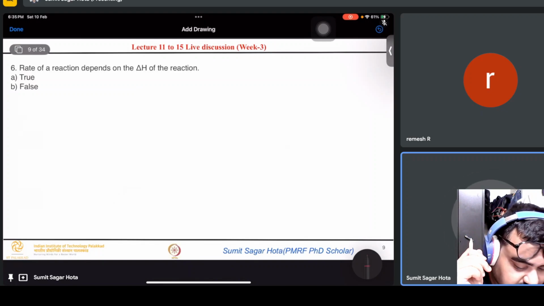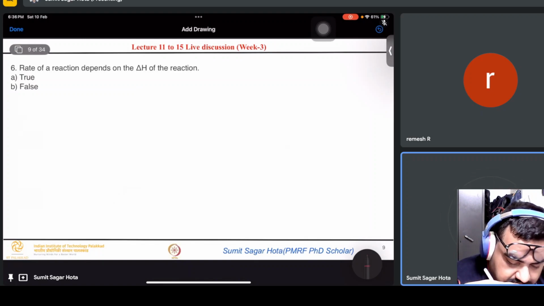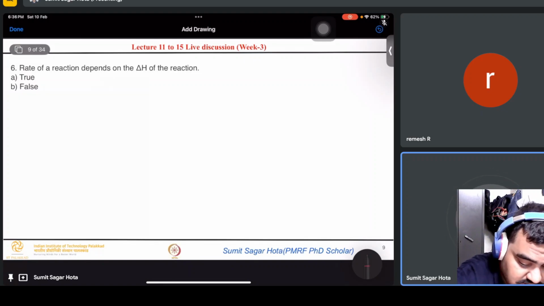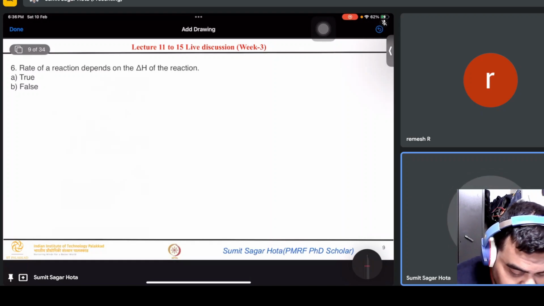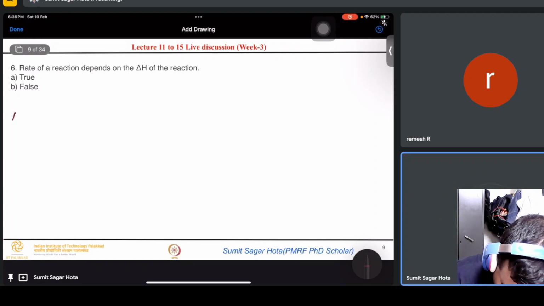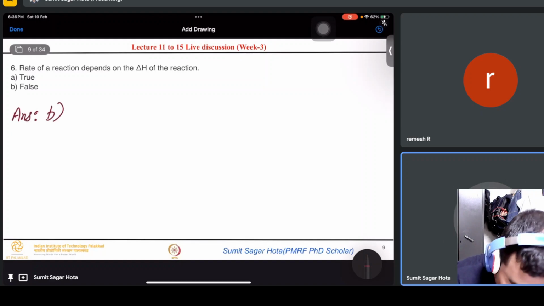Third, as a result, it does not depend on... that's what the role is. But what is the answer then? False.